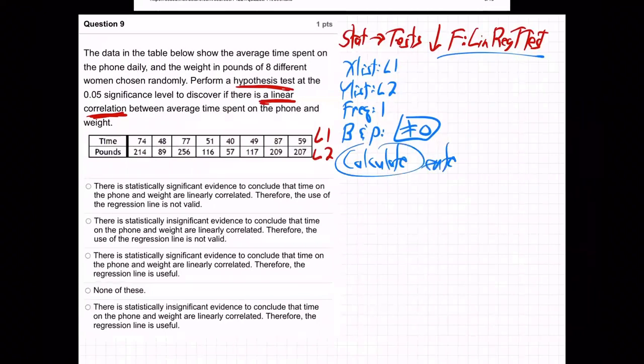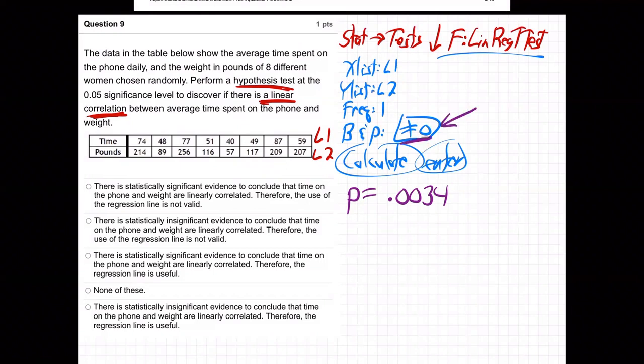Hit enter. And then we get a p-value. So I'm getting a p-value of 0.0034. I rounded it. It was 0.00338. Now, we choose not equal to 0.